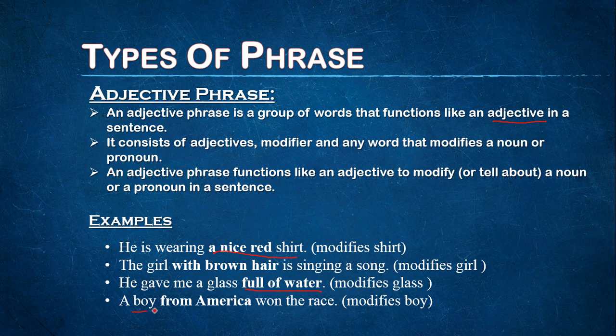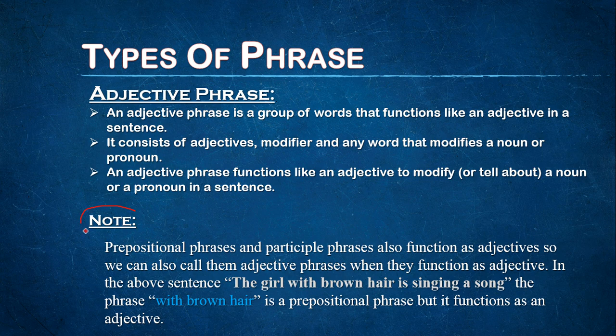A boy from America won the race. It modifies a boy. But note it please that prepositional phrases and participle phrases also function as adjectives. So we can also call them adjective phrases when they function as adjectives.